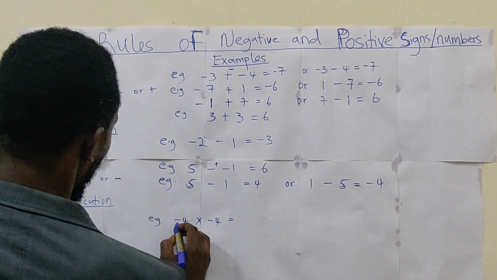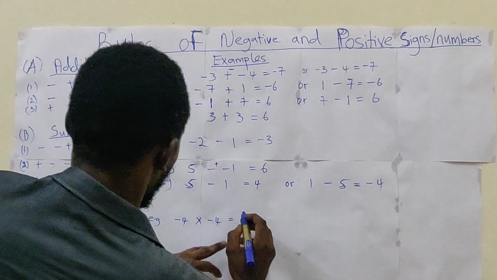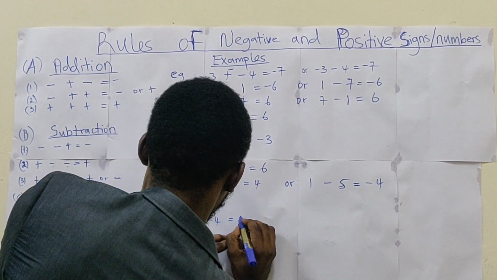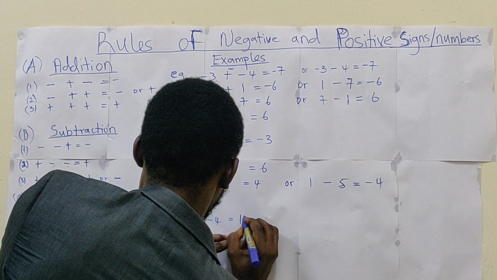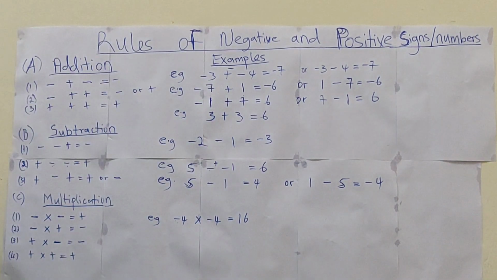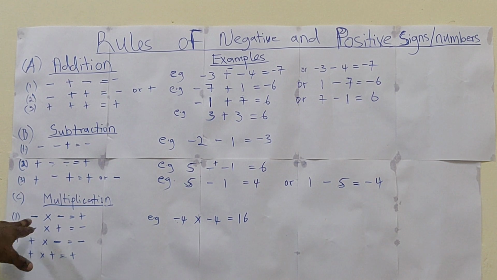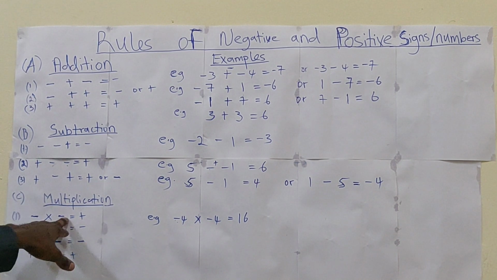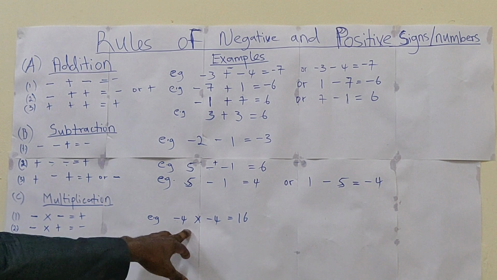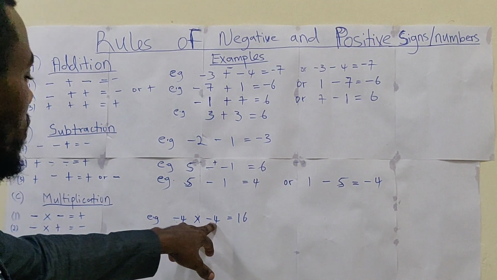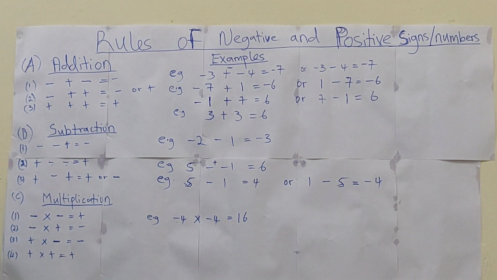So negative 4 times negative 4 is positive. It's 16, sorry, which is 16. That is why we have here positive. So when you're multiplying two negative numbers, it is positive. Negative 4, which is negative number, times negative 4 is 16.